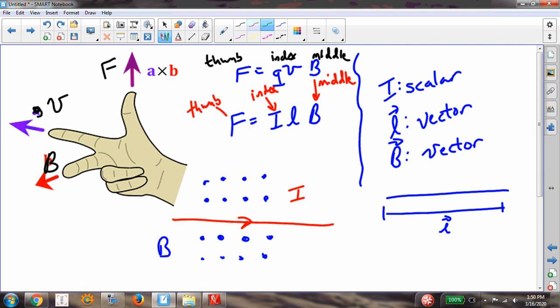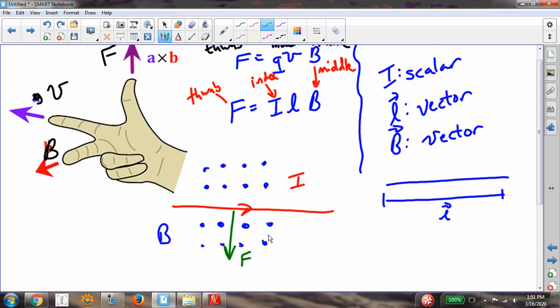Now remember, I is in the plus X direction, B is in the plus Z direction, so that means that the force has to be either in the plus or minus Y direction. Which do you think that it is? It's going to be in the minus Y direction, so the force is in this direction. Index finger in the direction of I, B is out of the page, and so the force is pointing downward.